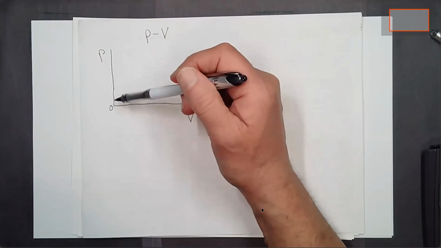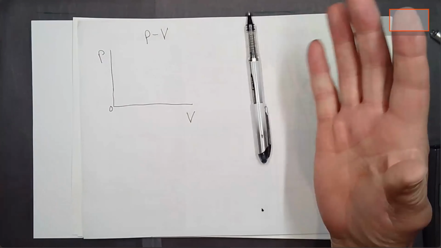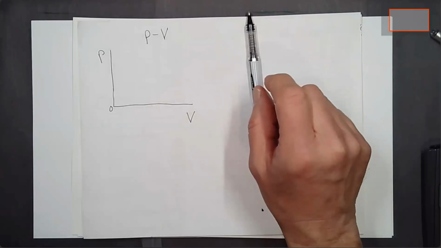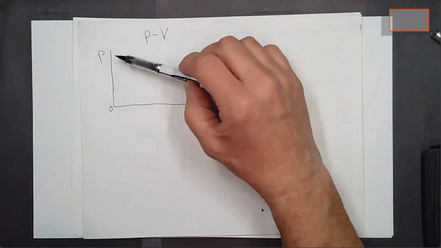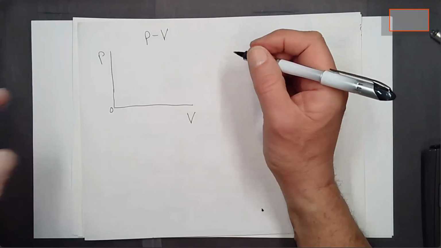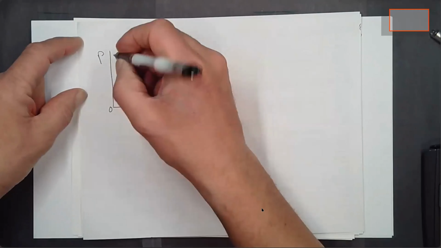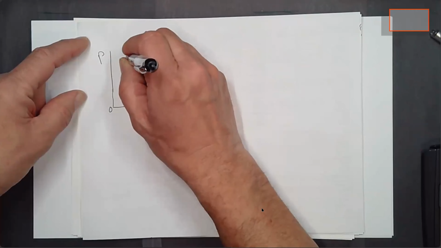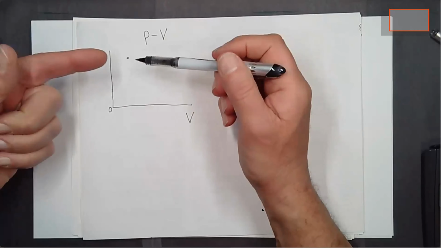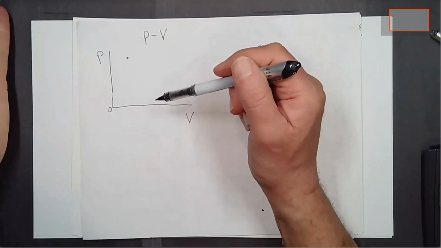We don't have to worry about negative values because you can't make the volume any smaller than 0, and you can't make the pressure any smaller than 0 either. So we'll be interested in processes like that in these PV diagrams, and a point on here would represent some specific value of the pressure and some specific value of the volume.